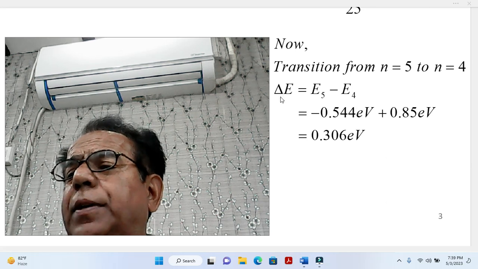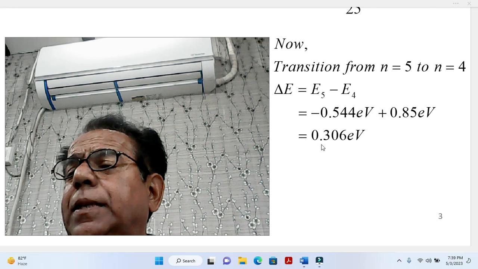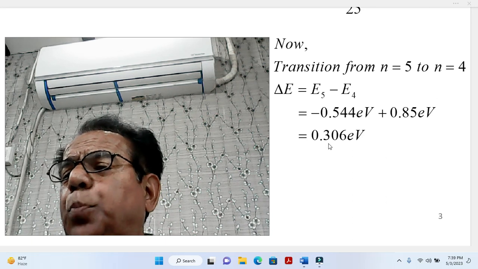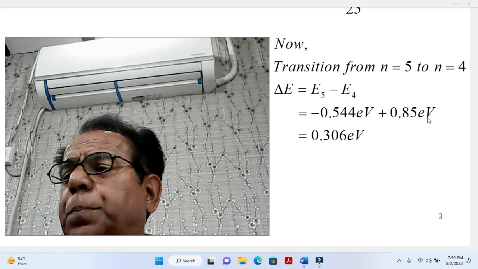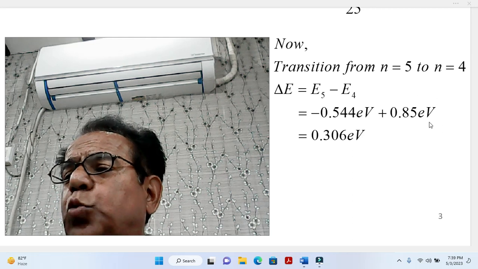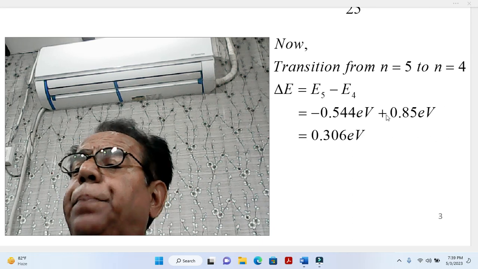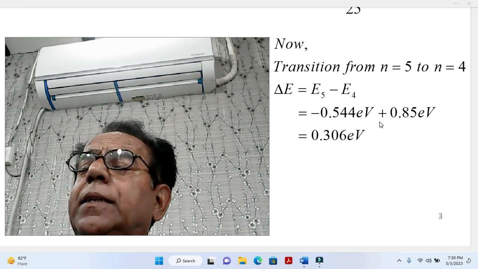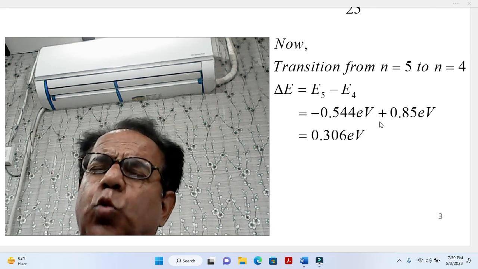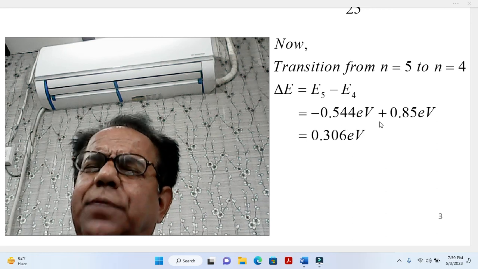Okay, so our delta E, that is transition, becomes plus 0.306 electron volt, because this second value is greater than this first value, so this plus sign overcomes being a larger value.